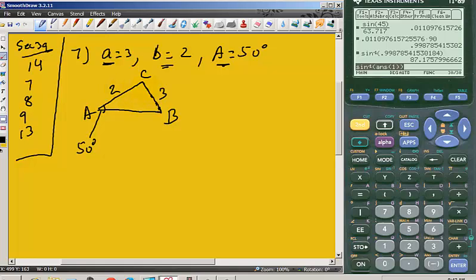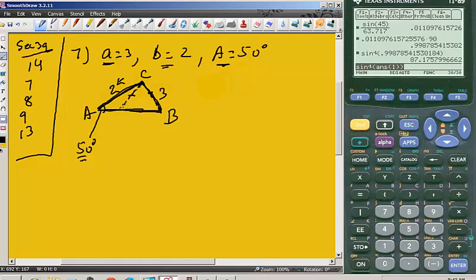The reason is, if I have a second triangle, I can swing this side over here. My angle hasn't changed, my 2 hasn't changed, and this is still 3. So I could have a second triangle. But let's solve the big triangle first, and then we can determine if I have 2 triangles, or no triangles.